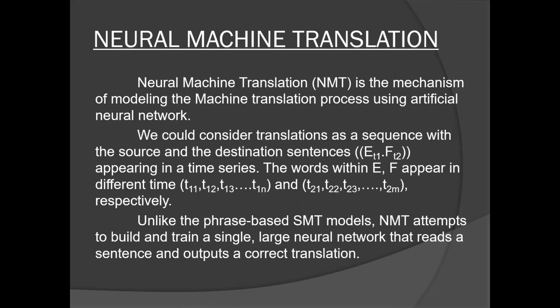It is the mechanism of modeling the machine translation process using an artificial neural network. As I mentioned, artificial neural networks are the basis for many algorithms in deep learning. Neural machine translation used encoding-decoding models in order to capture the semantic and syntactic structures, while also preserving the meaning of the words inside the neural network.